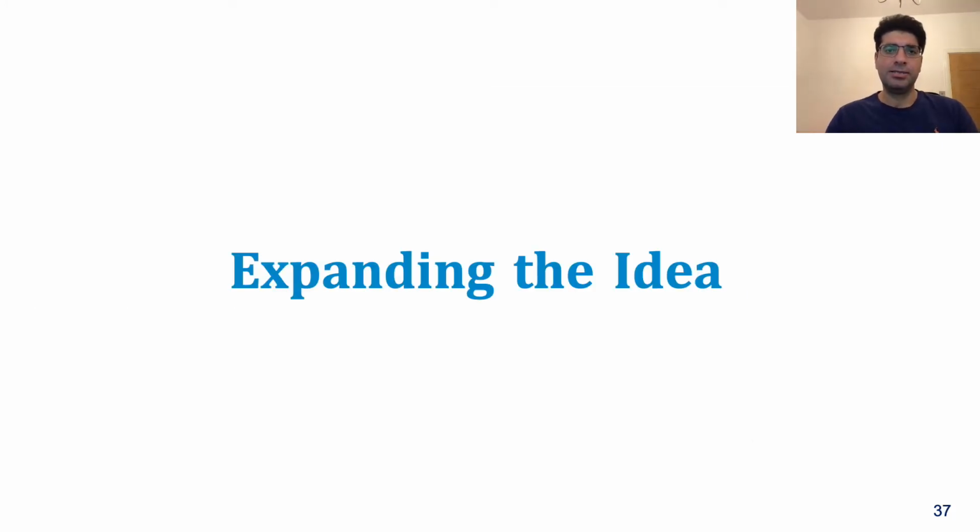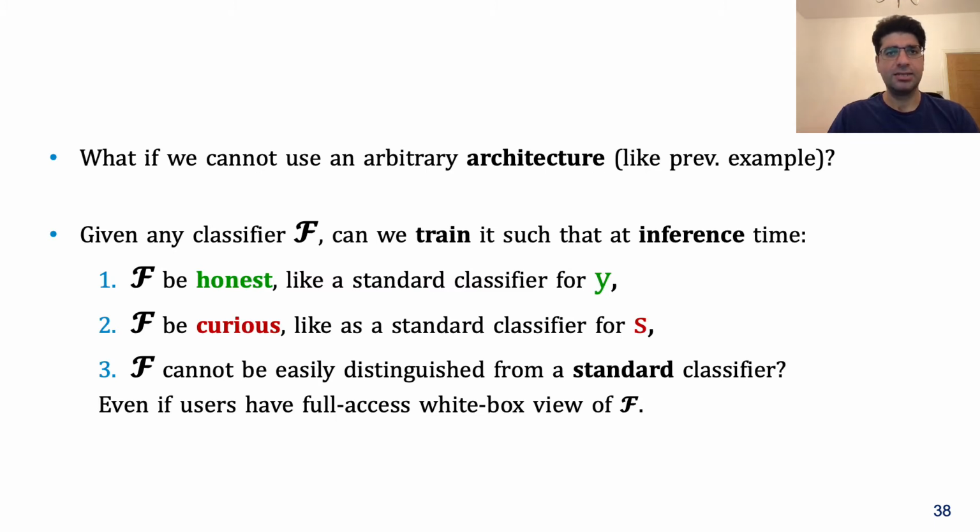Now we expand the idea. We ask, what if we cannot use any arbitrary architecture like the previous example combining two classifiers? Given any classifier, can we train it to be honest and curious at the same time without being easily distinguishable from standard classifiers, even if you give the user full access in a white box view?